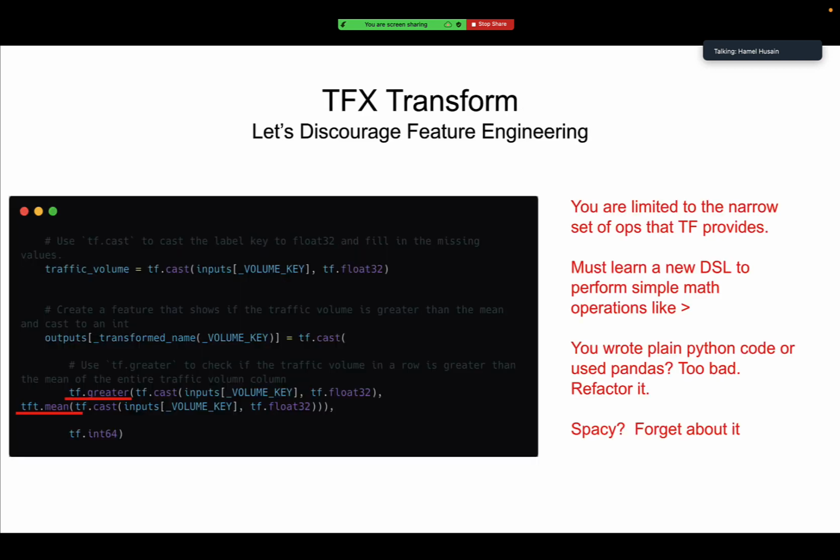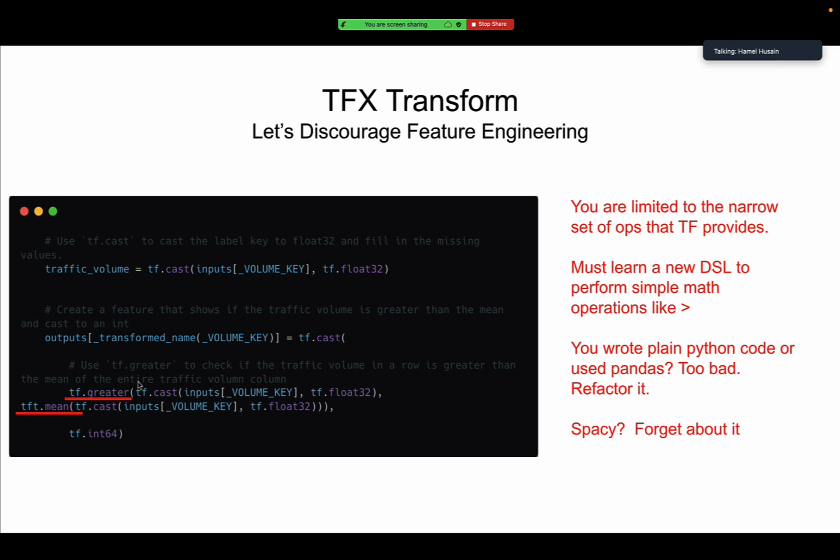Looking at TFX, they have something called TFX Transform, which is the library used to do feature engineering and transforming your data. The problem with this API is you have to use a limited set of TensorFlow ops. So if you want to do simple mathematical operations like greater than, you can't really use plain Python code.